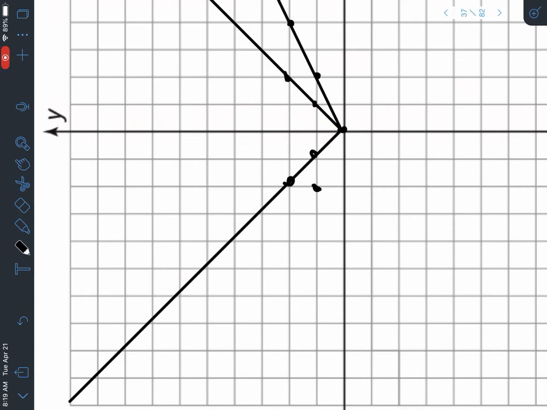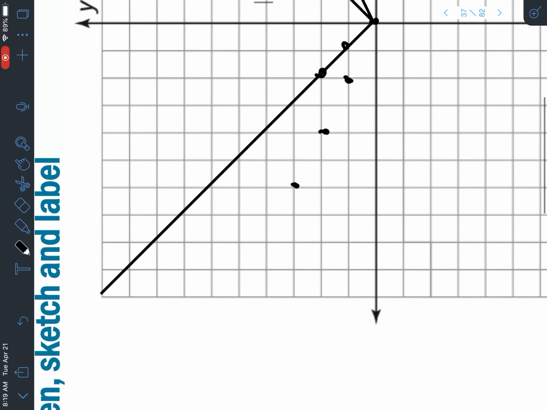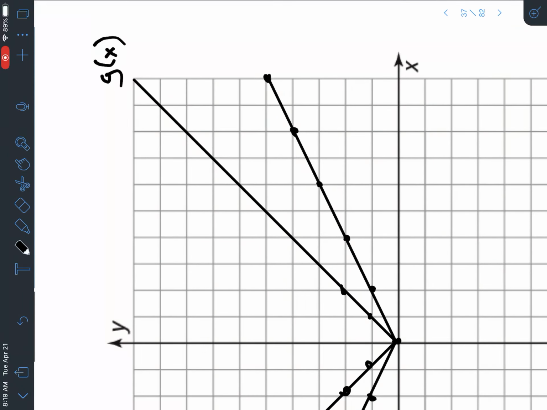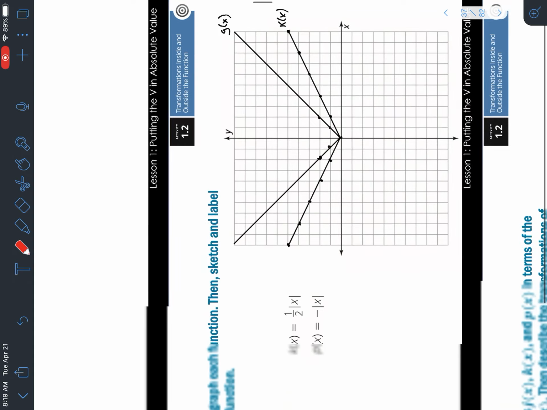Up 1 over 2, up 1 over 2, up 1 over 2, up 1 over 2, then up 1 over 2. So this one, I'm going to label here, is our k of x. And I should have changed it in a different color, but I'll do the other ones from now in a different color.